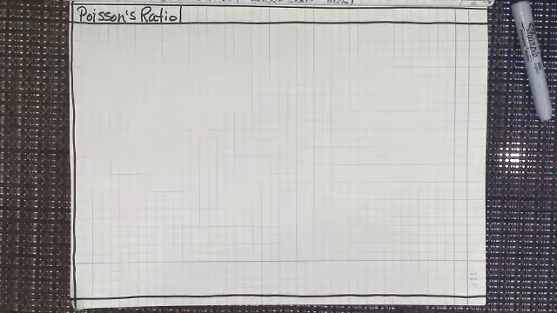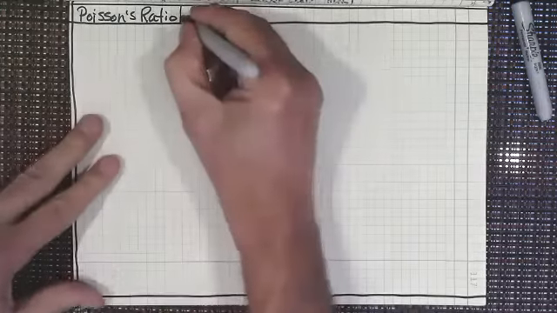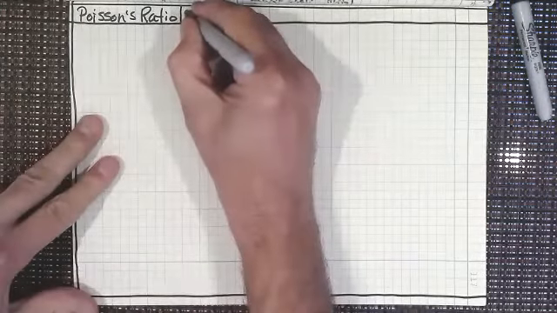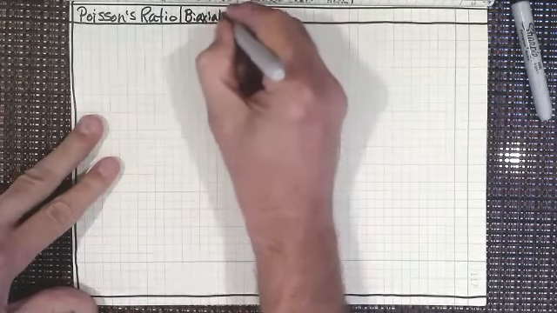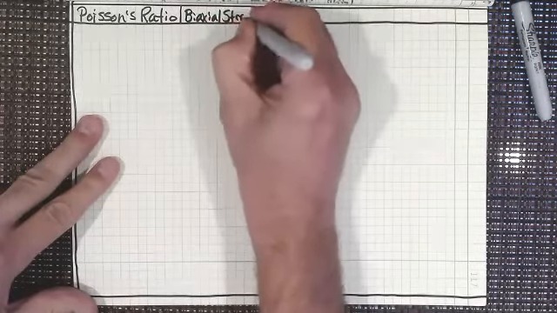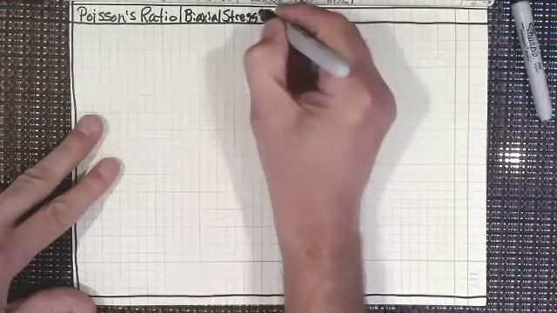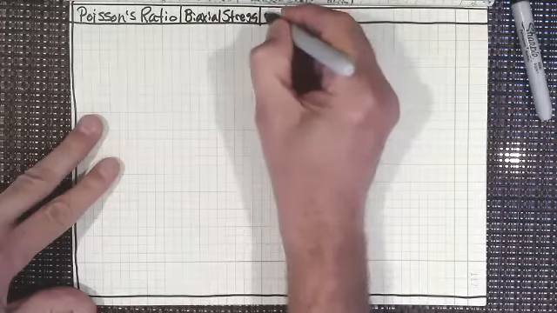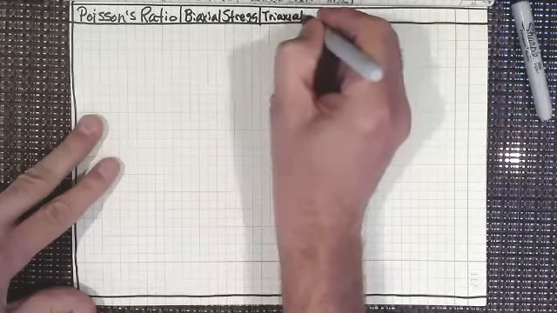This is our lecture on Poisson's ratio. We're sort of moving out of uniaxial stress, and what we're going to look at today is biaxial stress. I'll also look at triaxial stress.